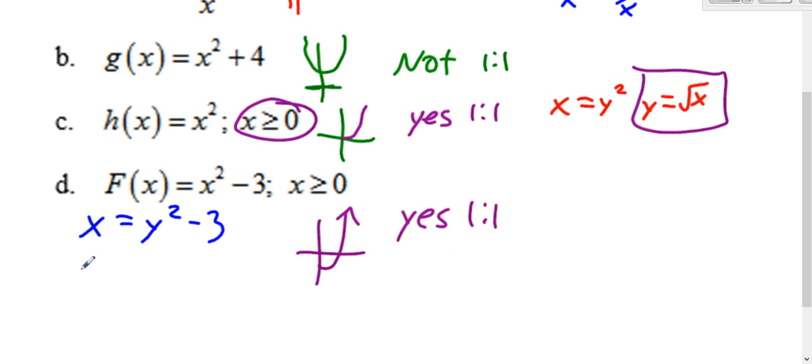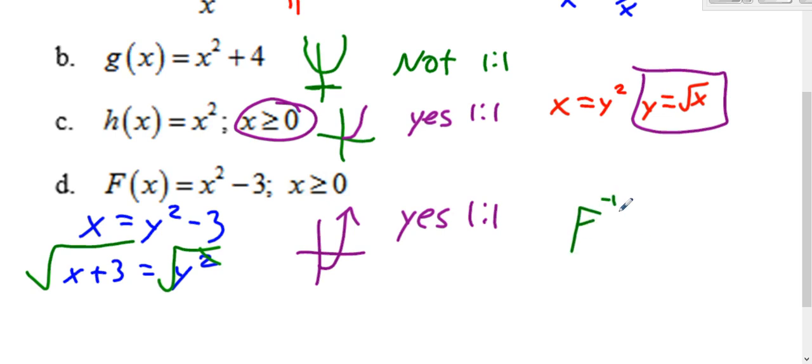So we add the 3 over. Again, we do the square root. We don't need plus or minus because it said x had to be positive. So the inverse is square root of x plus 3.